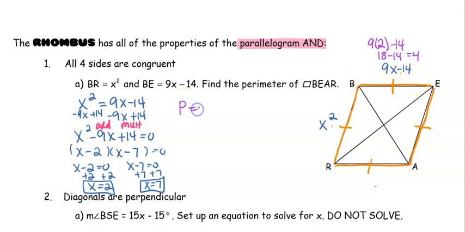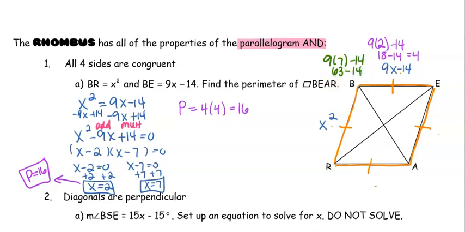The perimeter is 4 equal sides of 4, making my perimeter 16. So when x is 2, the perimeter is 16. Let's go ahead and see what happens when x is 7. So 9 times 7 minus 14.